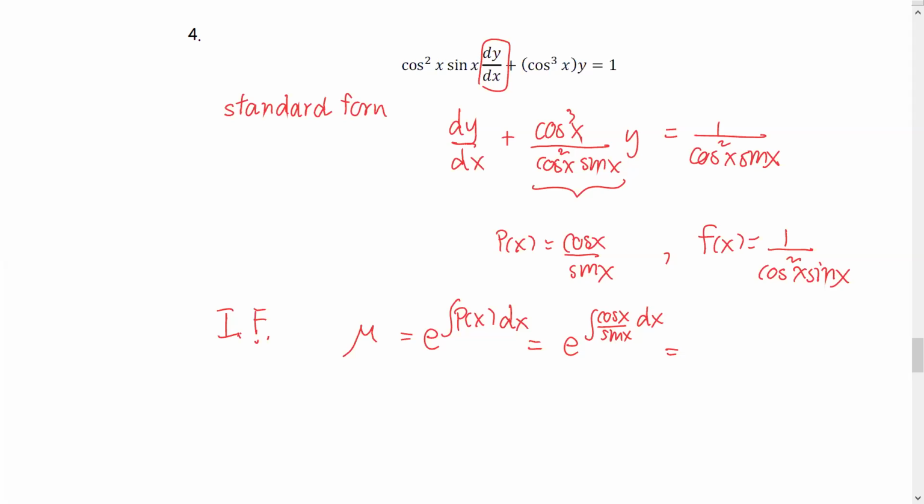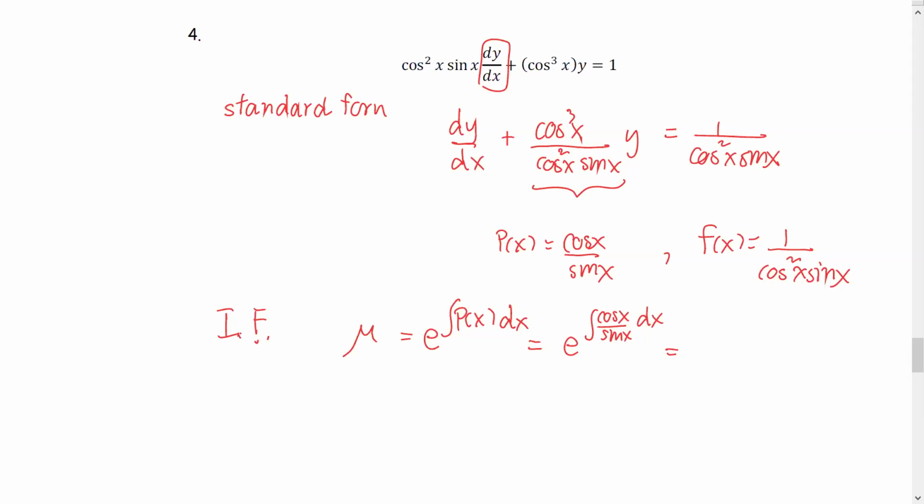Do you guys recall how to find the antiderivative of cosine x over sine x? Yes, you can convert it to cotangent, but we are going to find the antiderivative of cosine x over sine x using u-substitution.